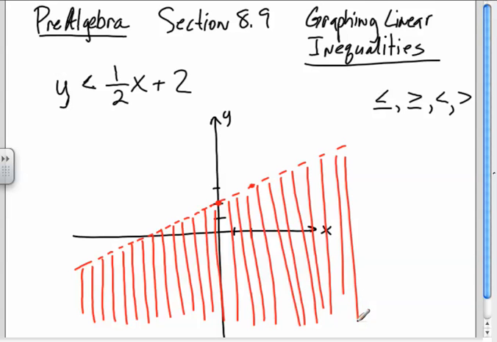Okay? So this green point right here, I'm going to call this one (-1, -1). If I plug that in, it would make a true statement. I'm going to put this point out here, and this is going to be (-1, 4). That's not in the shaded area, so it wouldn't solve the inequality.